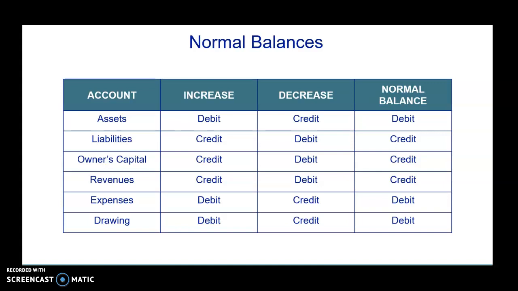You always think about that with assets or owner's equity. As it increases, that's going to be the balance. That's where money is going to be left over. If cash increases on the debit side and you have a positive balance at the end of the month, it is going to be on the debit side. So this is a very good thing for you to look at. It talks about the normal balances and which way they increase and decrease.